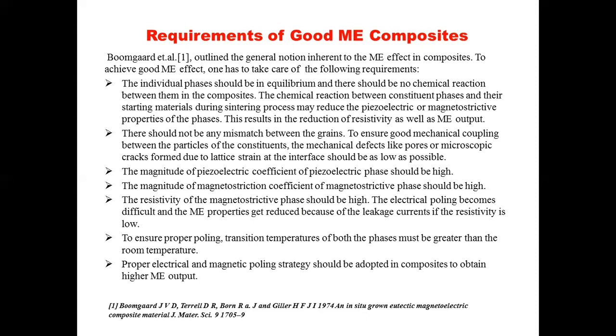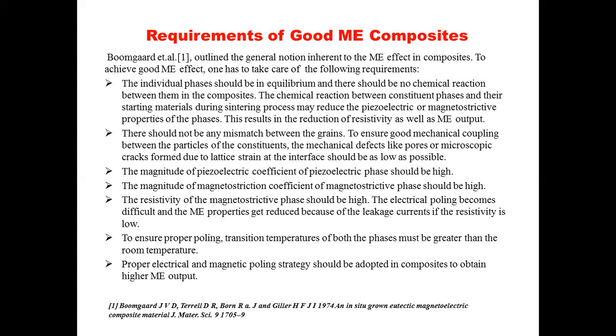And a proper electrical and magnetic poling strategy should be adopted in composites to obtain a higher ME output. So electrical poling, as I told, is keeping a composite material in a high electrical field in a particular direction. Similarly, magnetic poling is there.